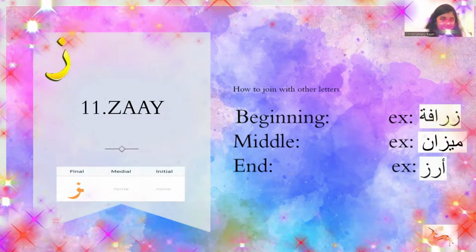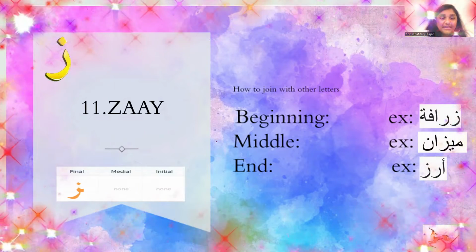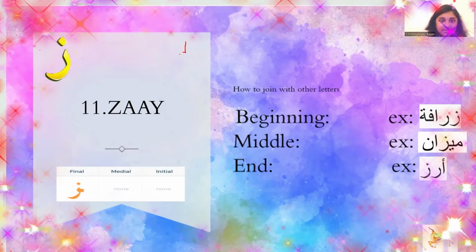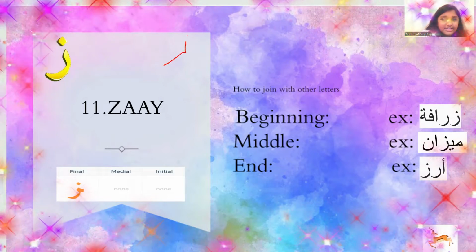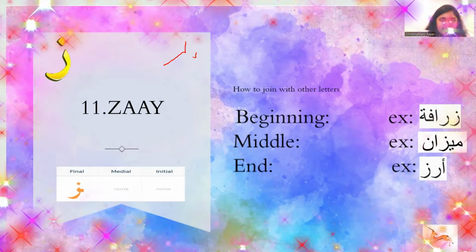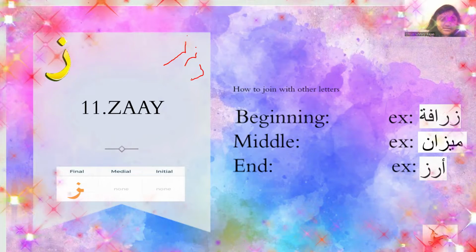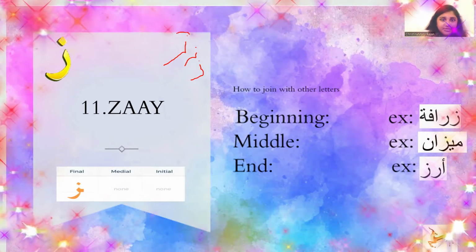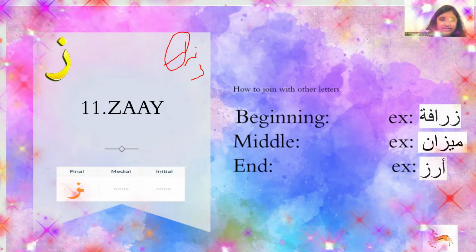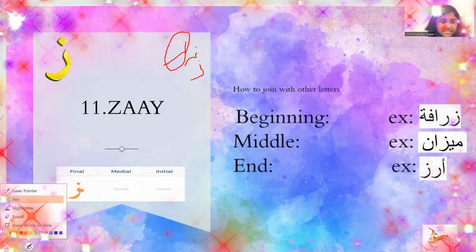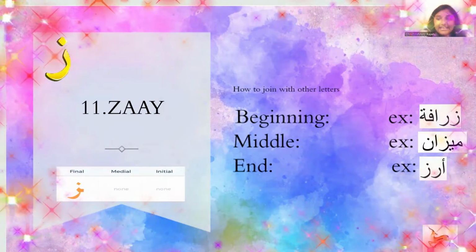Now, Zay. It's the same thing as Ra, so let's learn how to write it. The same way I told you, and a dot. Like this also, or like this also. But usually I write with this. So now, let's see how to use it in the beginning, middle, and end.